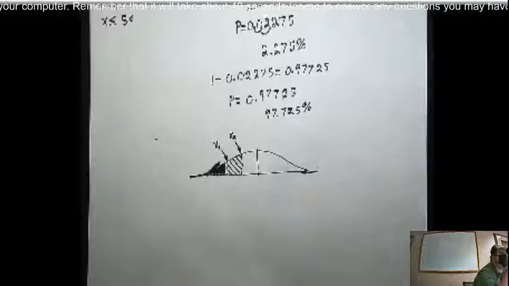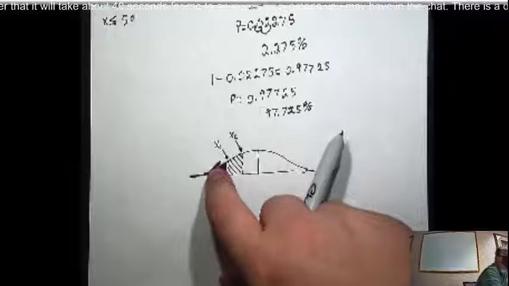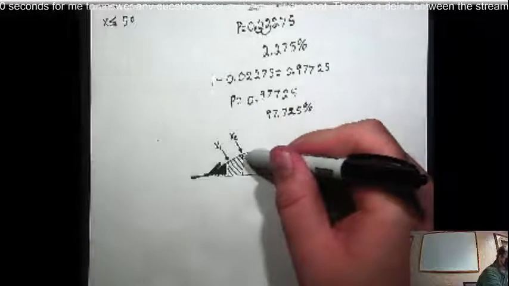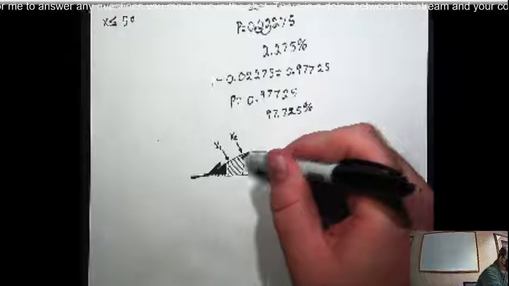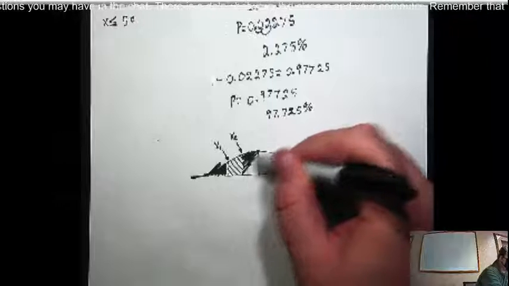But we want to get rid of not this, we just want to get rid of that and that. So we need this one to calculate not below, but above. We want to get rid of this part.